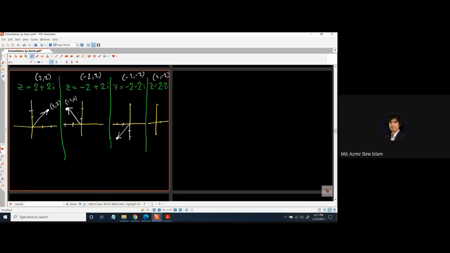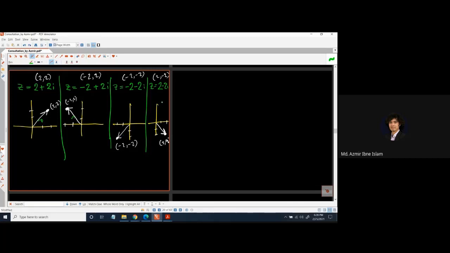For the fourth one, 1, 2, 1, 2. So this is the fourth point, 2, negative 2. The third point is negative 2, negative 2. It is no doubt that for all the complex numbers, the modulus is the same. So it is not our target.